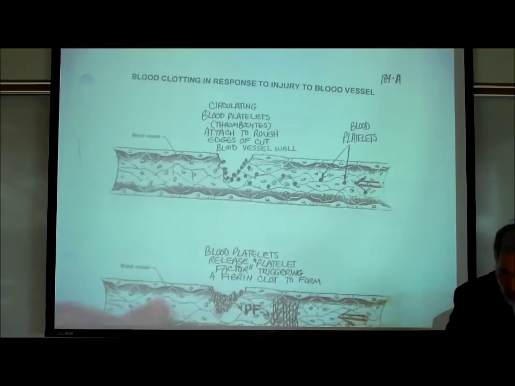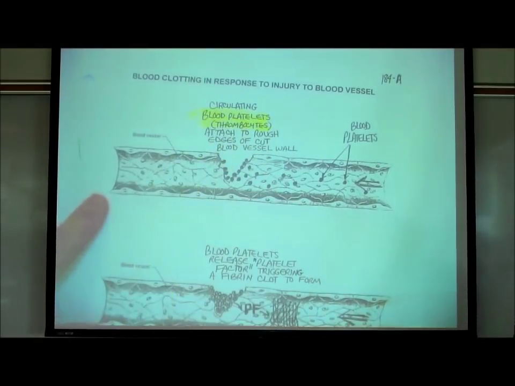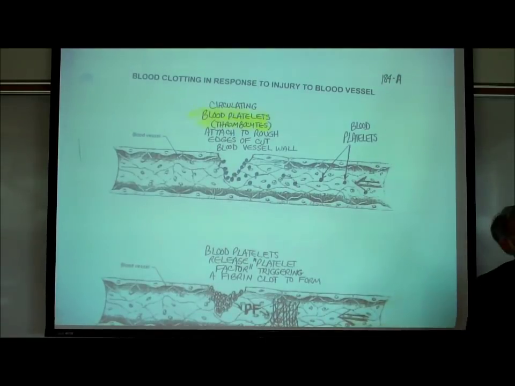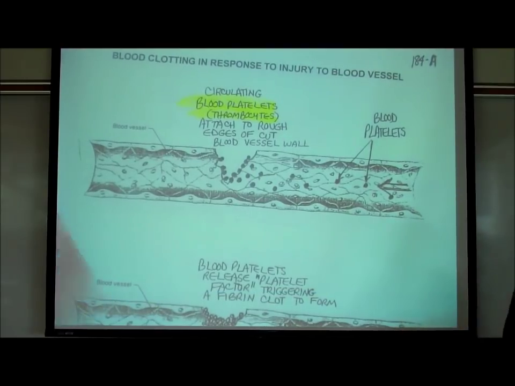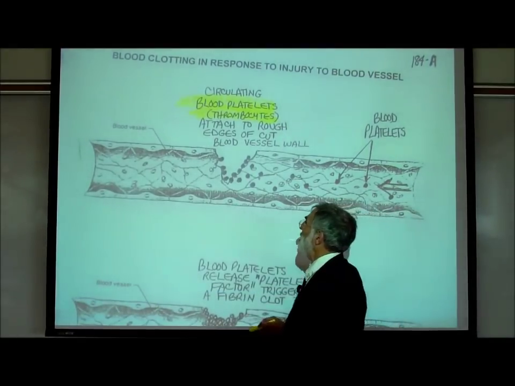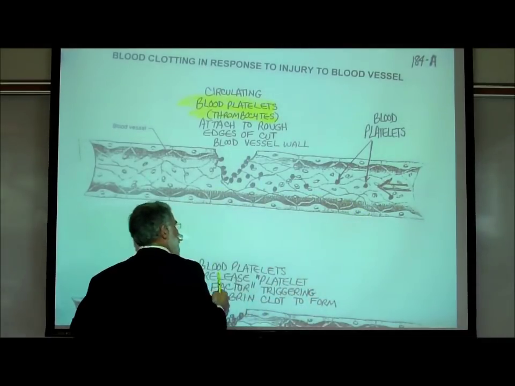Blood platelets are also known as thrombocytes. Where are they made? They are made in our bone marrow, the same place where our red blood cells and most white blood cells are made. These are called platelets, or thrombocytes. They're always circulating in our bloodstream.